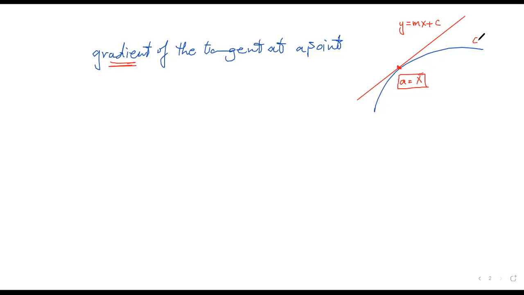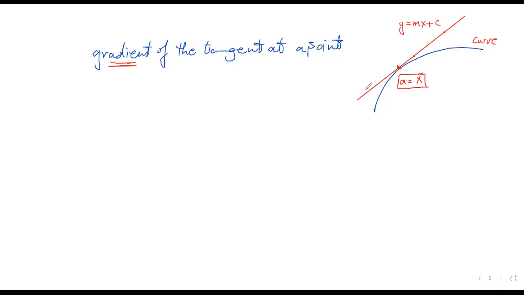But the curve doesn't have a constant gradient like the line, because the line's gradient at this point is the same as at any other point, since it's a straight line with constant inclination.